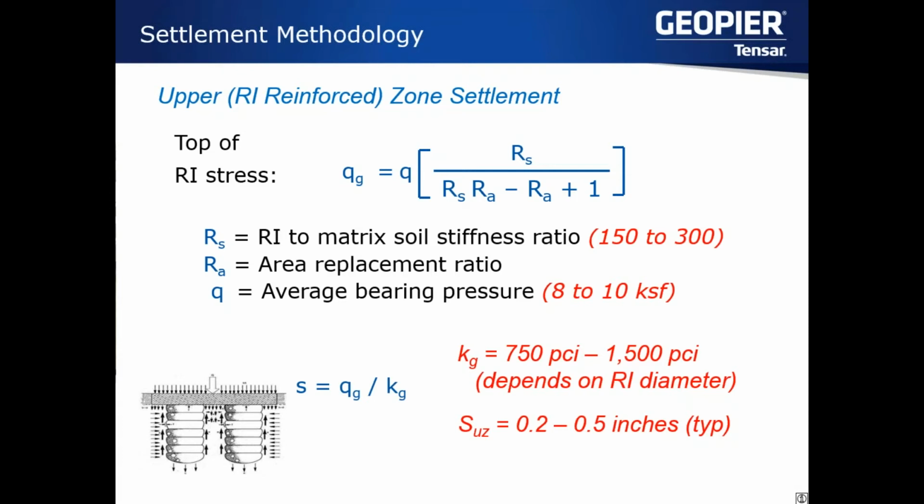And we'll use all that to come up with the design stress of the piers in calculating the settlement. The relative stiffness between the elements and the soil, as I mentioned, is somewhere in the 300s typically, and the settlements will be on the order of maybe a 1/4 to 1/2 inch in that upper zone area.